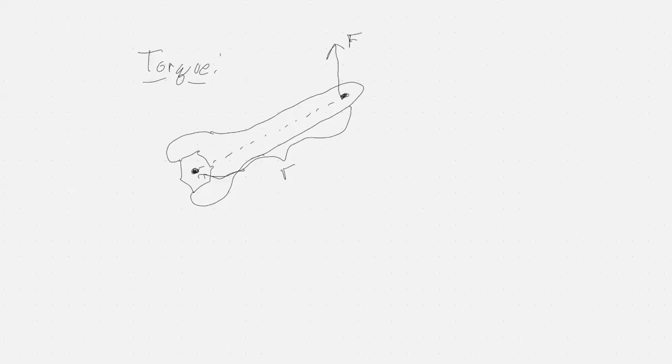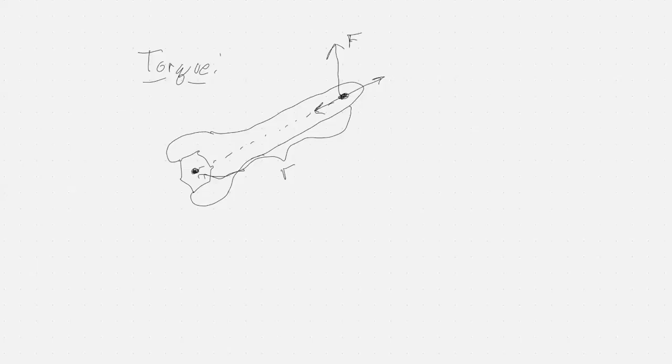But that's not it. It also matters in what direction you apply your force. So I can apply, for example, a force this way or that way, and that's not going to rotate the bolt at all, even if it's the same size force. So it's not as simple as just the size of the force, it's also the direction it's applied. And the direction that matters is perpendicular to the radial line.